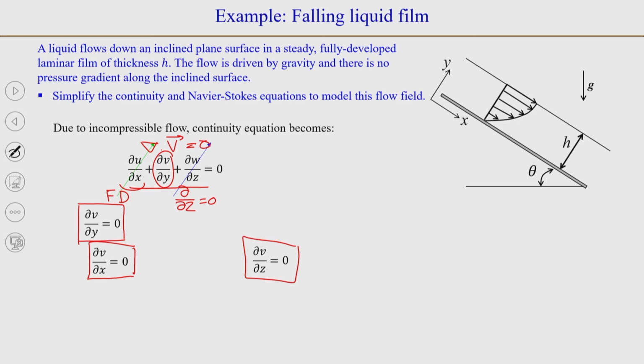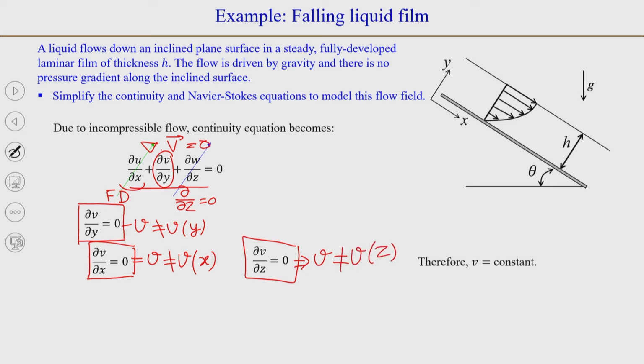Now, that means that v is not a function of either of x or y or z. So, v is simply a constant. So, this tells us that v is a constant.